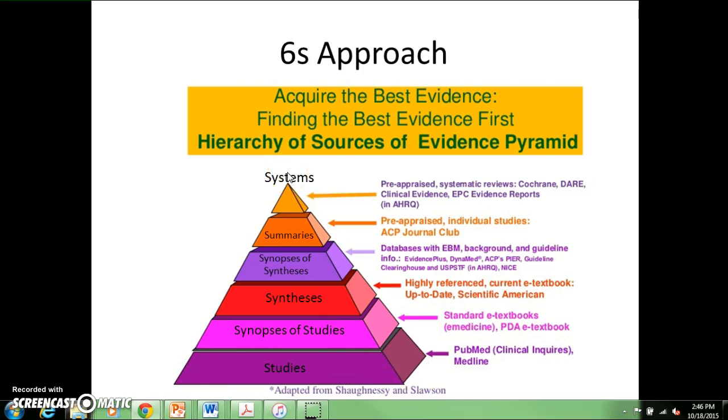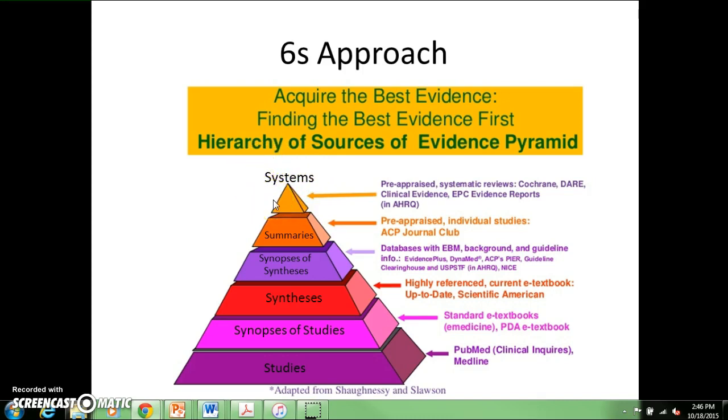With the 6S approach, what you are basically doing is starting at the highest level, which would be the systems, right? Systems are electronic systems which can be sophisticated enough to link to patient records and to prompt you, the practitioner, about guidelines for care. This is more the med school model.